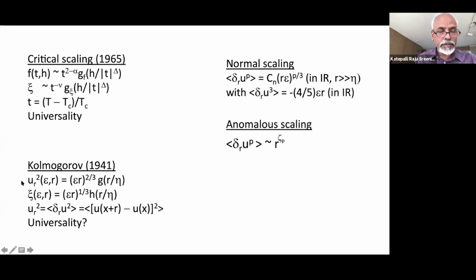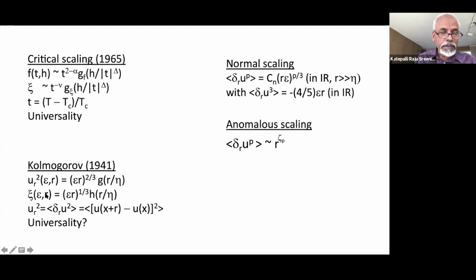This is the Kolmogorov scale. And the correlation function would take this form. And the velocity, to be specific, is simply written down here as the square of the velocity difference across an interval r.